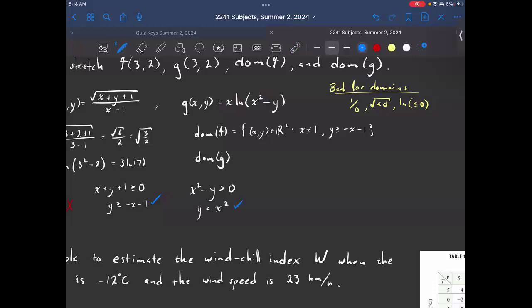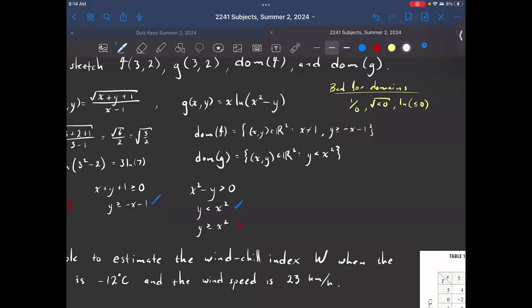And so these are, again, good values. Y being greater than or equal to x squared are bad values. And so this is how we can write the domain: the set of all pairs x, y in R2 such that y is less than x squared.